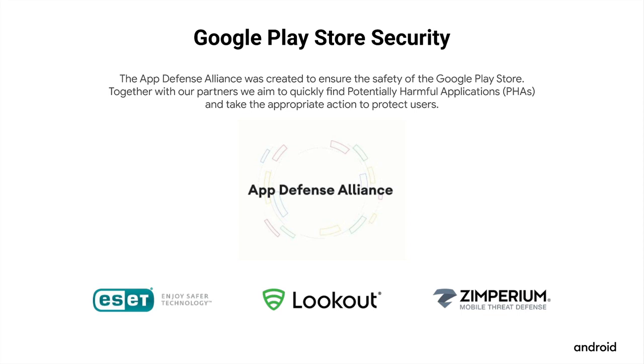So it's really a combined scanning capability for the apps that are in Google Play by not only Google itself, but also ESET, Lookout, and Zimperium. So in a managed environment, the apps that you choose to deploy for business uses that are public apps, you'll know that those apps are now scanned by this App Defense Alliance team.